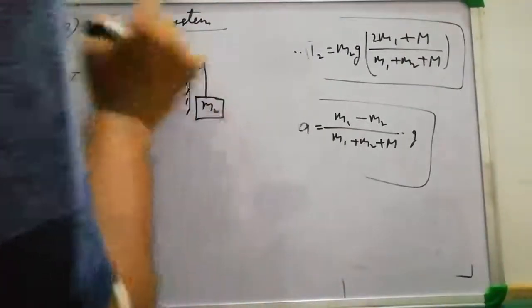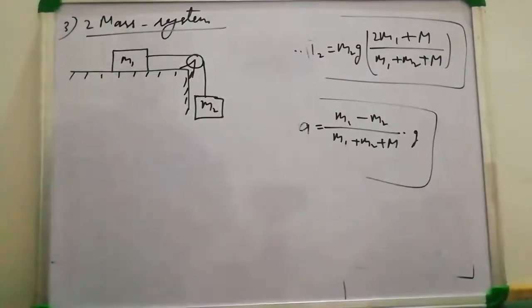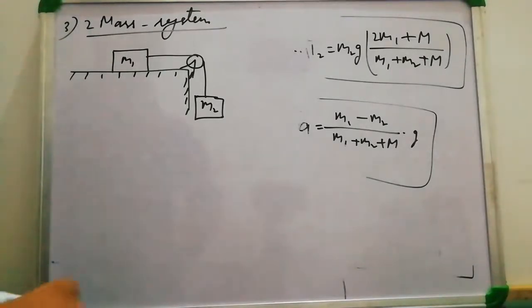Now what we have to do is calculate the acceleration with which the masses m2 and m1 are moving and the tension generated in the string. By the same approach we will draw free body diagrams of the individual masses, after that we will create equations and then we will solve them.